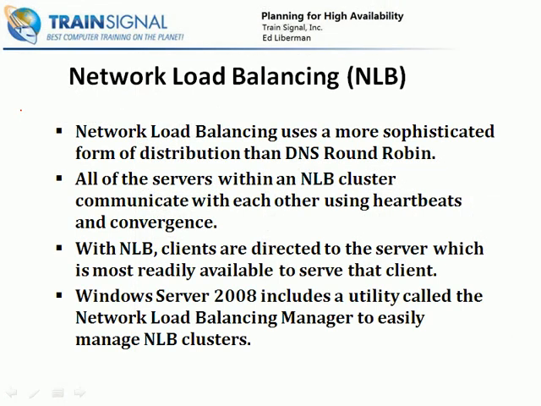Now, the next feature I'd like to talk to you about when it comes to high availability is something called network load balancing, or what's commonly referred to as just simply NLB. Now, network load balancing uses a more sophisticated form of distribution than DNS round robin. I mean, remember, by default, DNS round robin is going to either A, just rotate from server to server, or B, send a client to the server in the round robin group that is closest to it based upon its subnet.